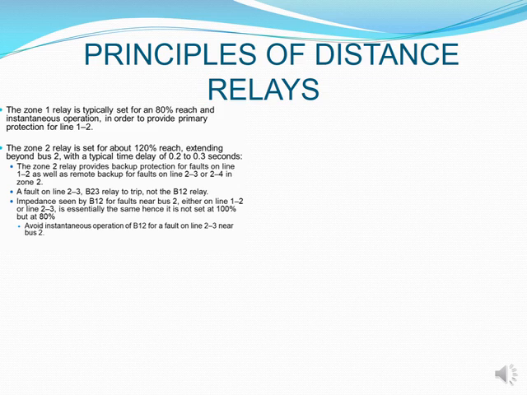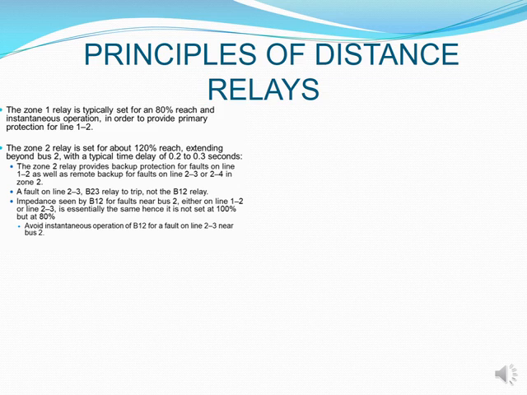Then if a fault was to occur on line 2 to 3, your B23 relay needed to trip, not the relay that is a B12, because your B12 is sitting at zone 1. So the impedance seen by B12 for faults near bus bar 2, either on line 1, 2 or on line 2, 3, is essentially the same.